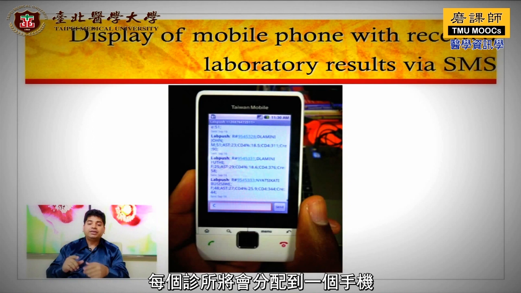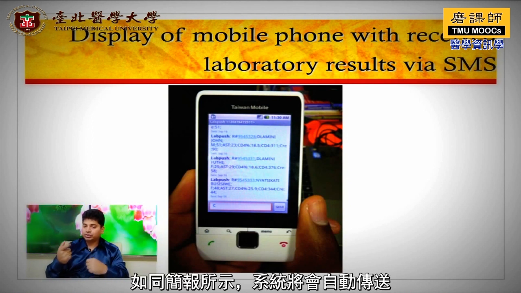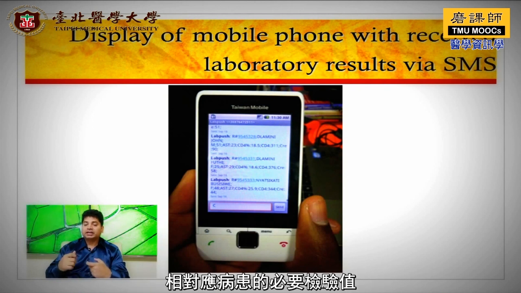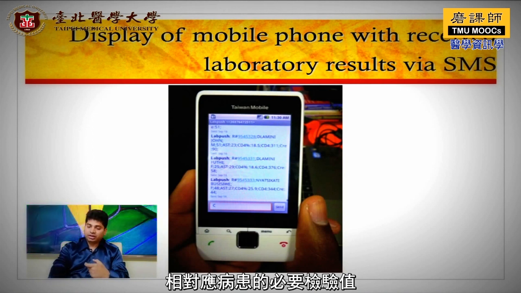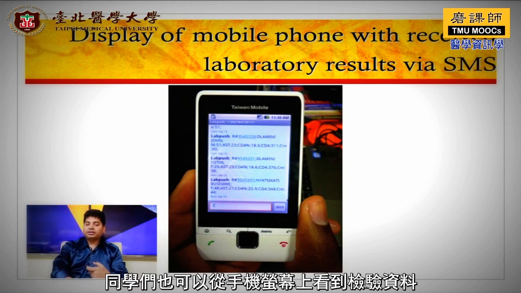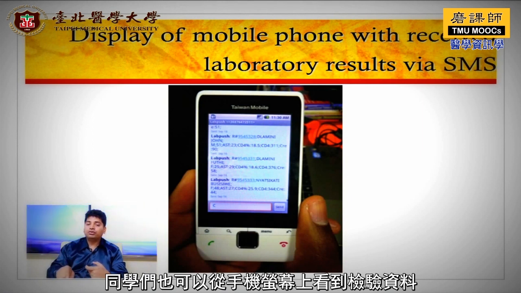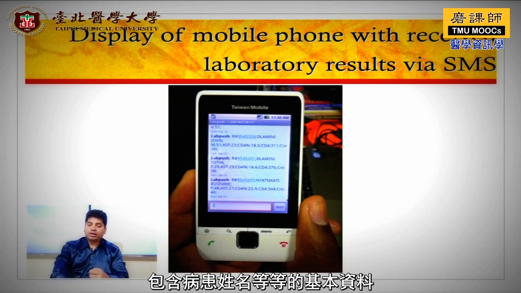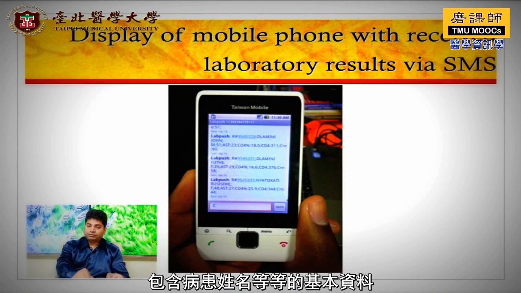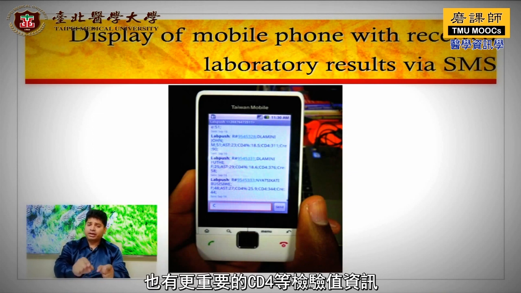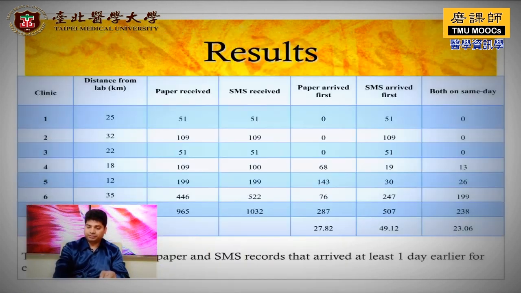Each clinic was equipped with a mobile phone to receive SMS, and the lab was equipped with the lab push system, which I have shown in the last slide, that can transmit results via SMS to the clinic. And here you see the display of a mobile phone with lab results received via SMS. In the picture you see the ID of the patient, the name of the patient, and the required blood investigation results are shown there.